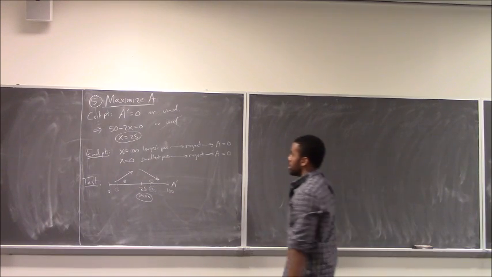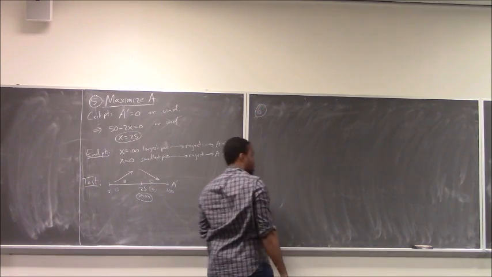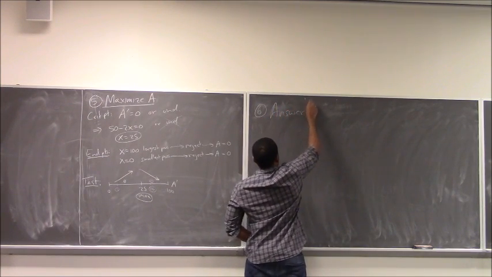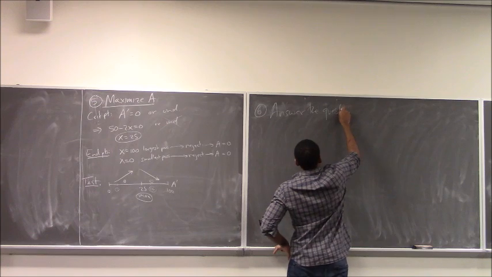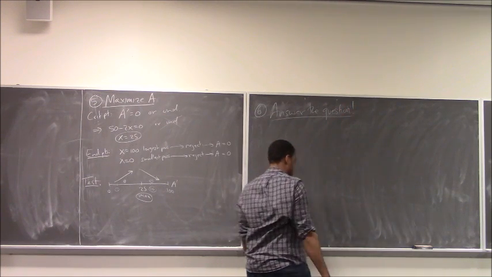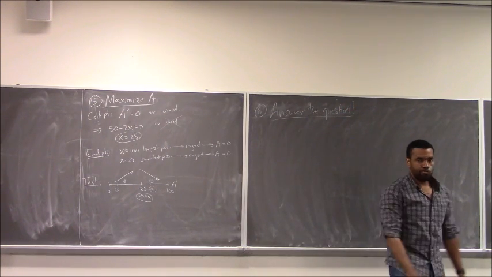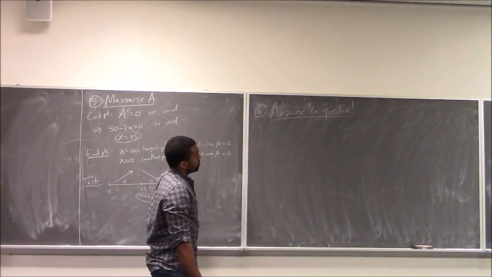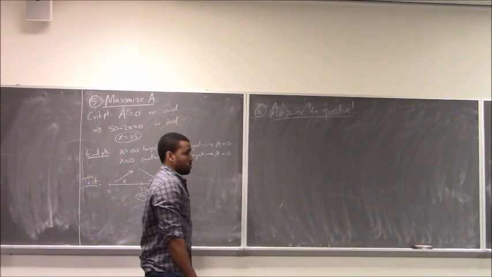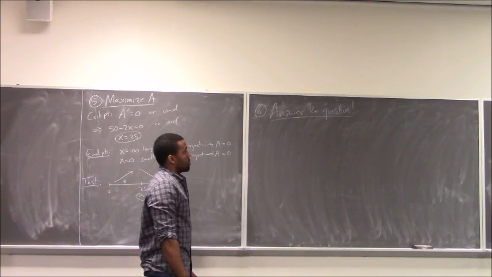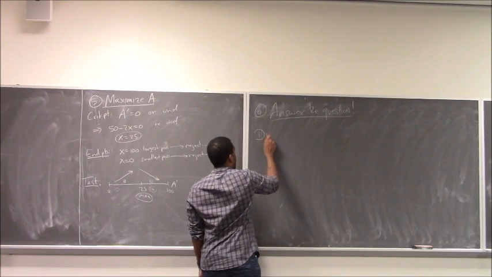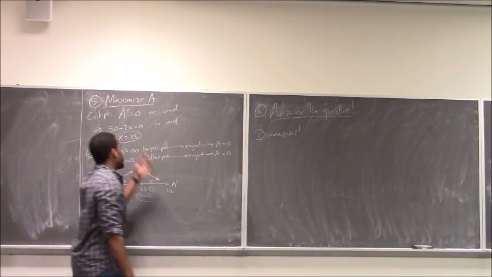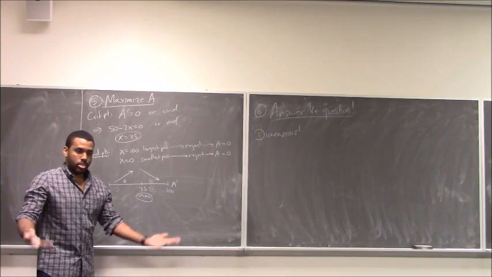But so far, now we can get to step 6 because we've done step 5. So this is just to answer the question. What were we asked for? We were asked for the dimensions. Which means, if you just write down x equals 25 as your answer, you didn't answer the question.